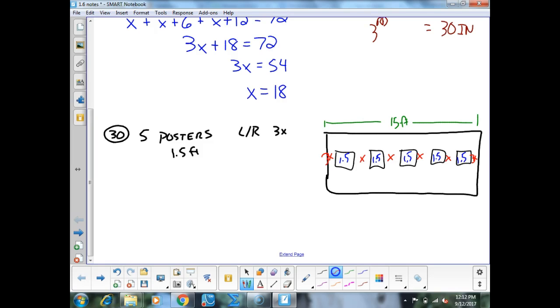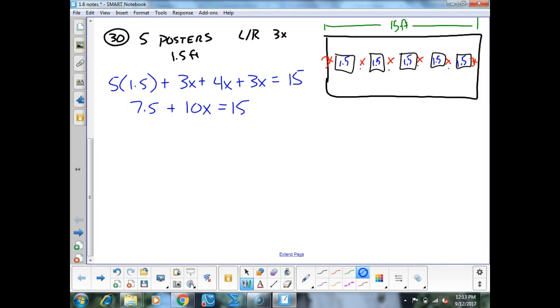So there's 5 times 1.5, plus 3x, plus 1, 2, 3, 4 x's in the middle, plus then another 3x is going to be 15. 7.5 here. 10x equals 15.